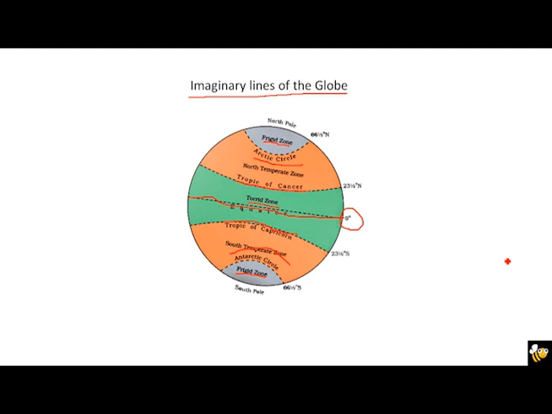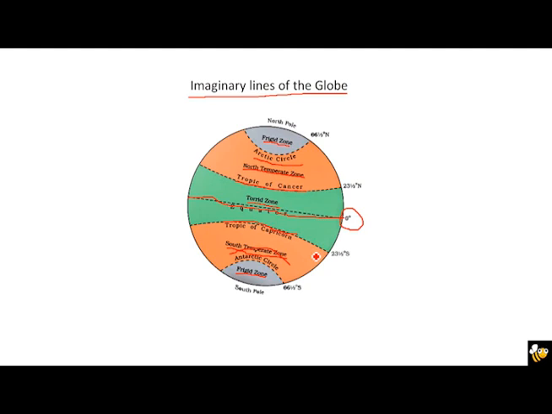But there is also a region which is not so hot and not so cold, that is moderate temperature, and this moderate temperature is between the torrid zone and the frigid zone, which we call the north temperate zone, and in the south we call it the south temperate zone. And the frigid zone I have described.